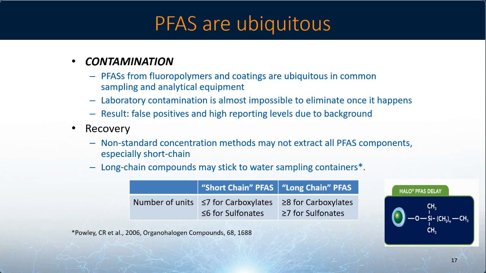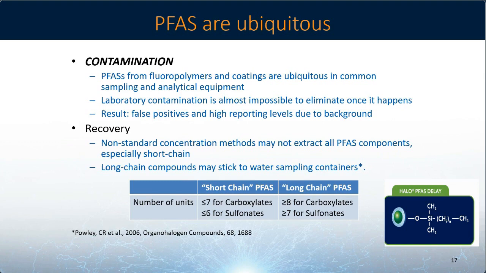That's why we have the delay column: to catch the existing PFAS in the HPLC system, which come from Teflon and a lot of different parts of your system. We use the delay column to delay the contamination from your instrument so we can get an actual, unbiased measurement of our sample.